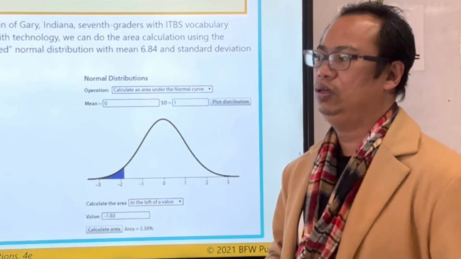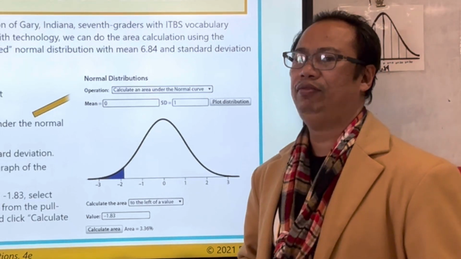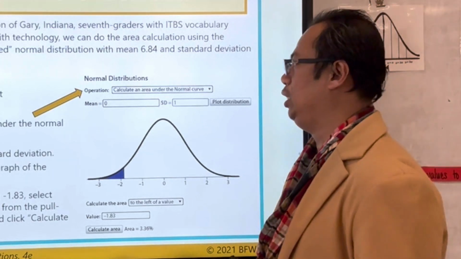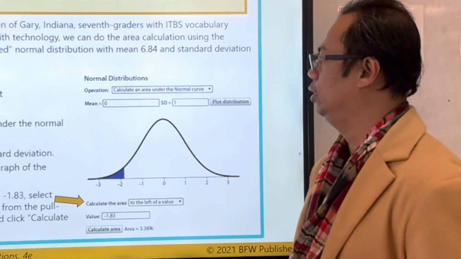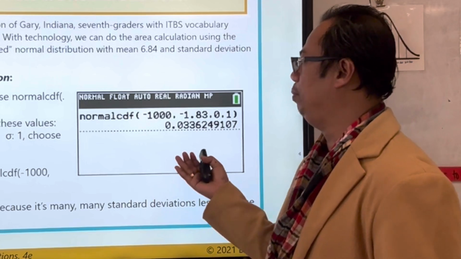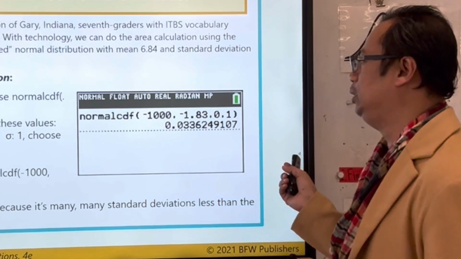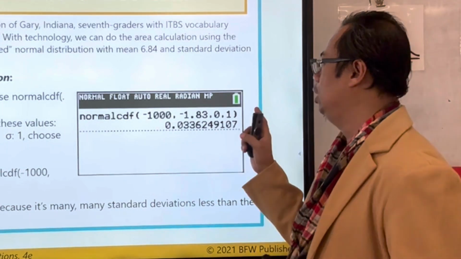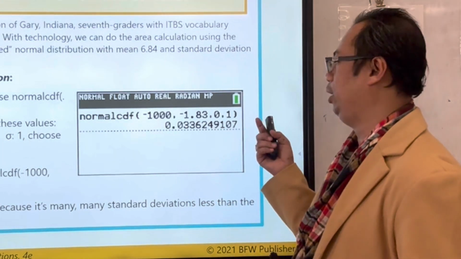There's also another way to calculate it. We can also do the calculation in a calculator. In the calculator, you simply type normal CDF, open parentheses, negative 1,000, negative 1.83, then 0, and then 1.